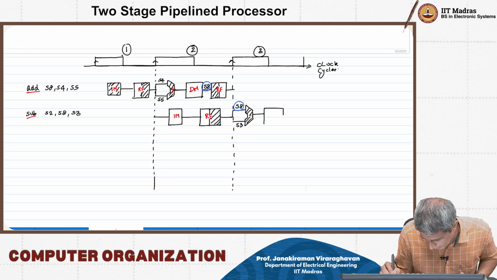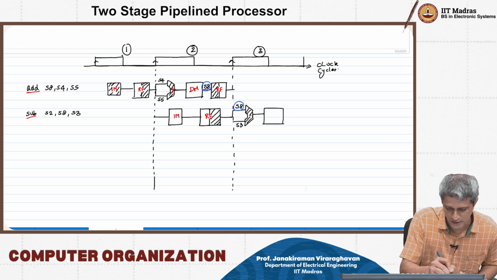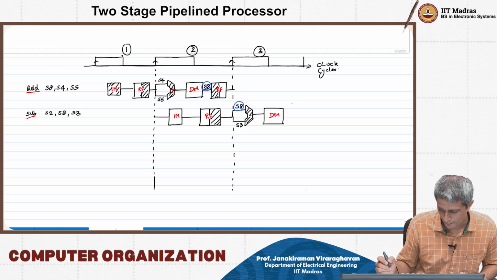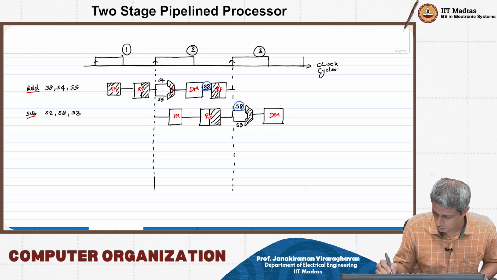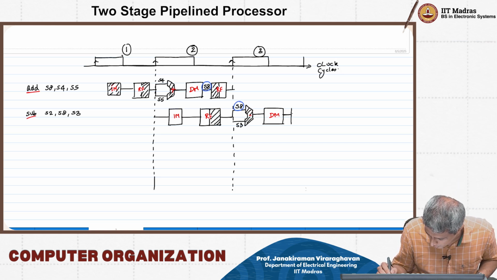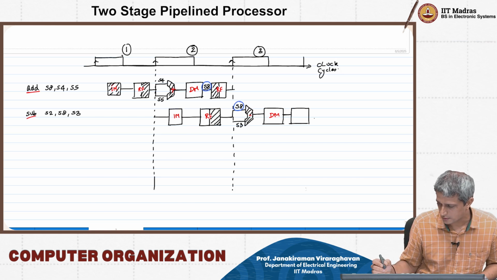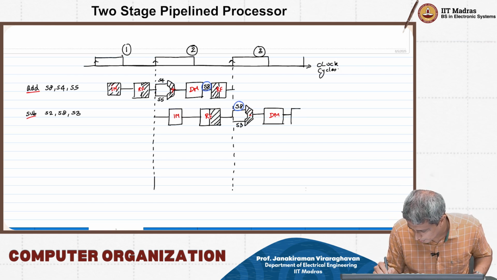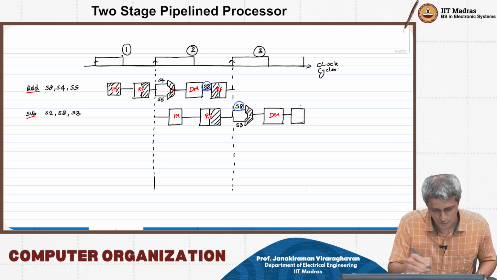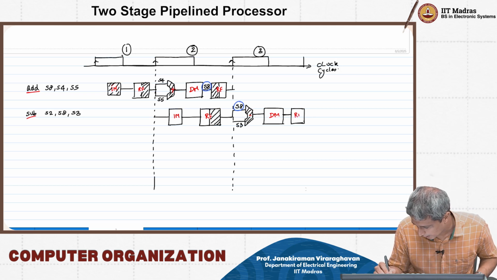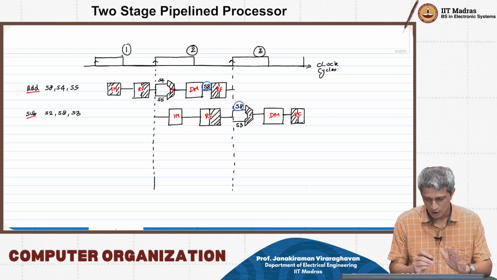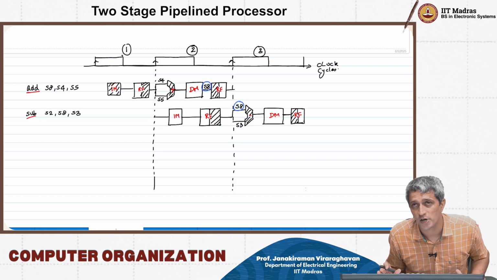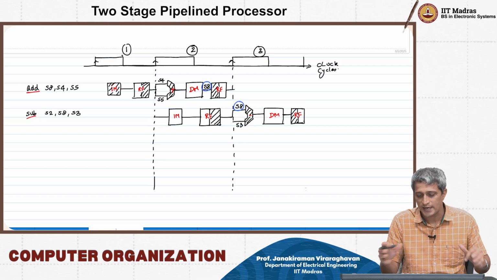Then you go through the data memory again, which has no operation here, and that's why I am not shading it. And then finally I am going to come back for my register file like this. Maybe I'll draw it smaller, RF, and this operation is what we are trying to see here. So this is the sequence of operations happening on the data path.